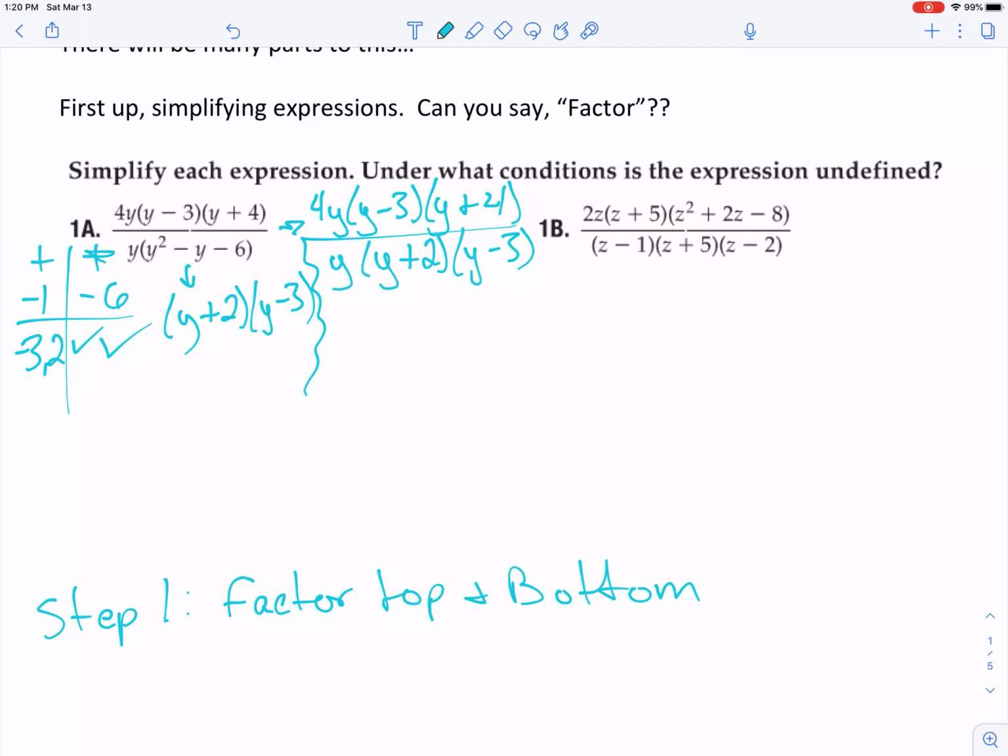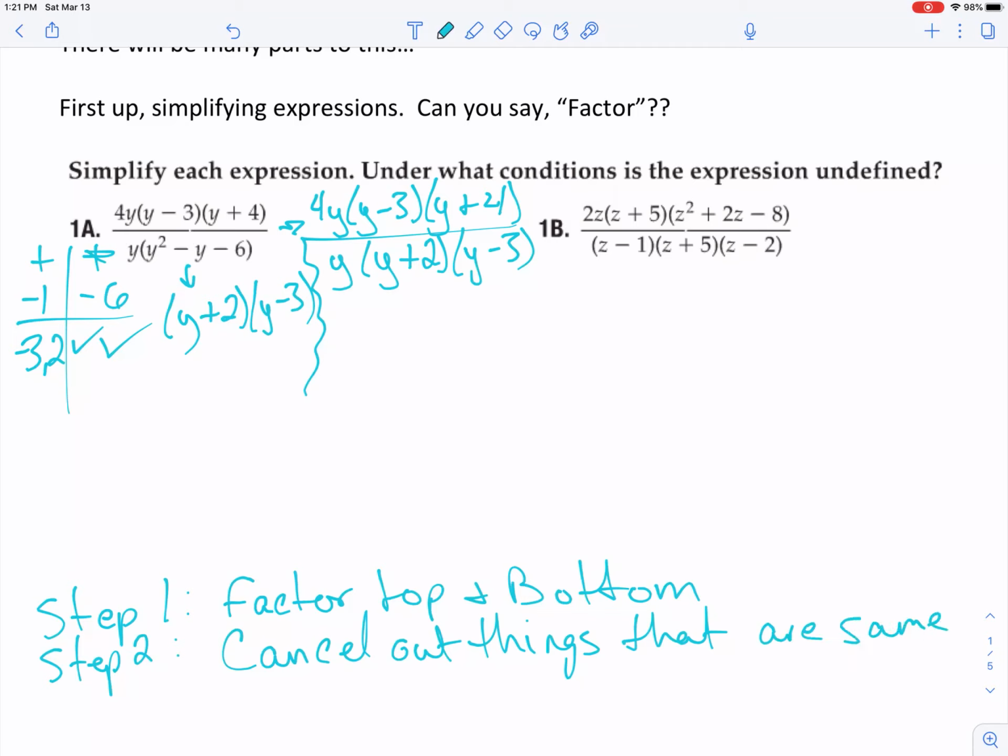Okay, step 2. Cancel out the things that are the same on top and bottom. You might want to write this down.